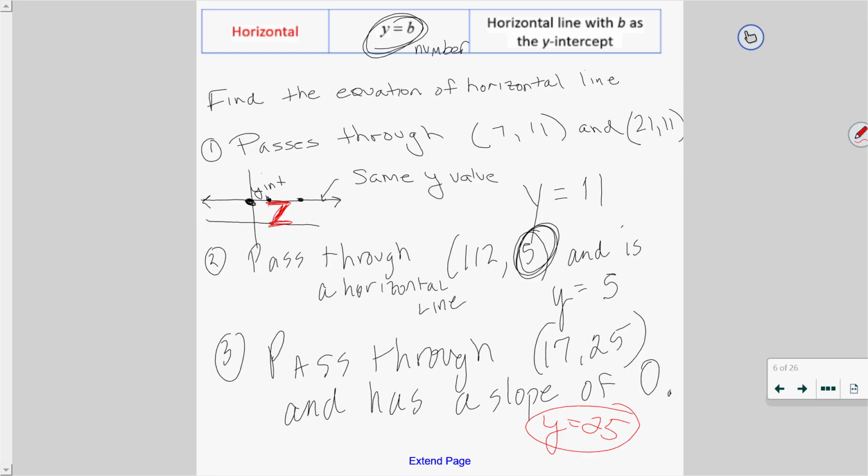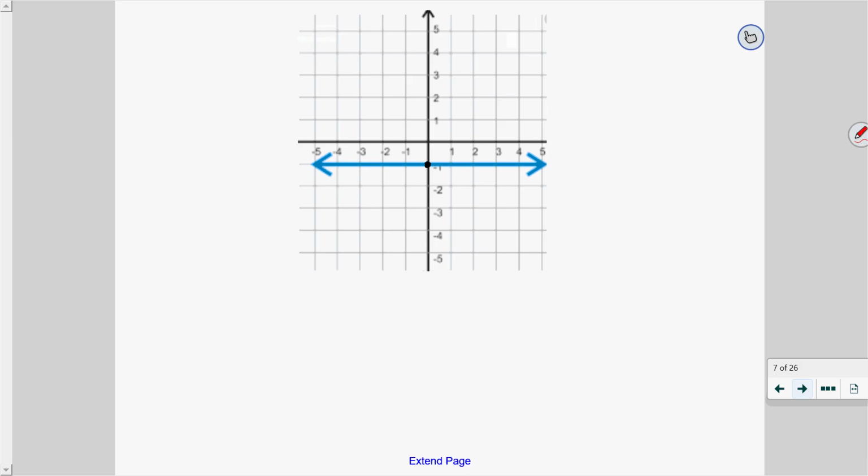And then number 4. I might have to skip a slide. Nope, I don't. If I give you a graph, number 4, graph given. So what's the equation? Y equals -1. No work whatsoever.